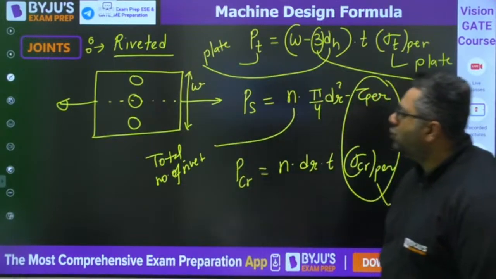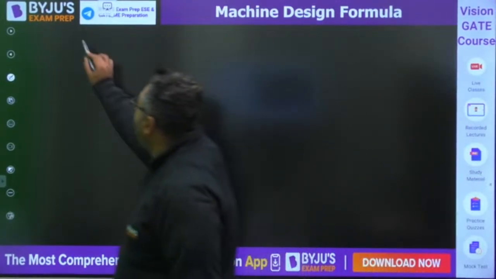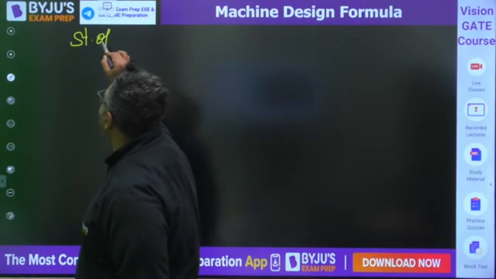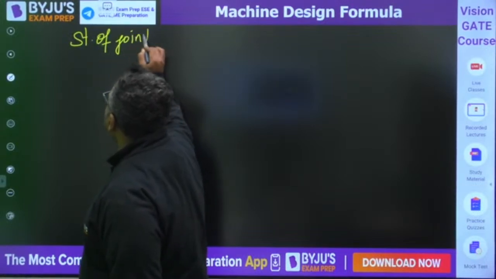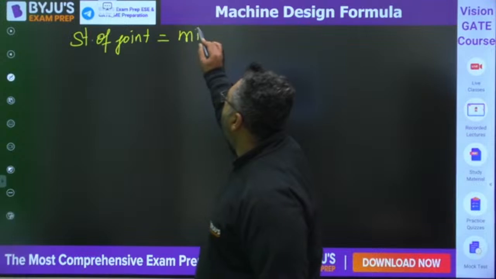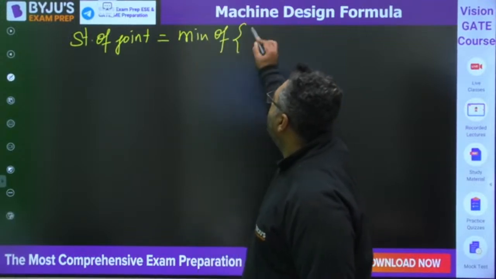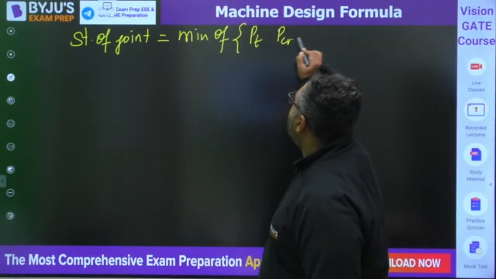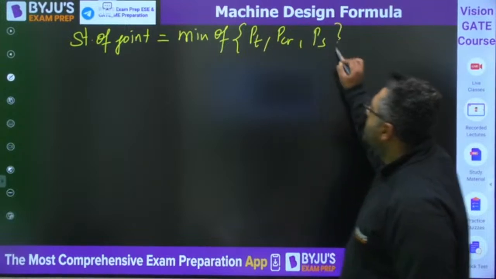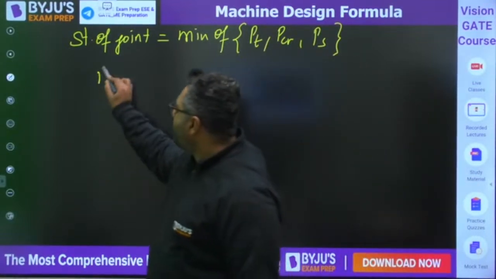Now my dear, I would also like to add here the strength of the joint. It is defined as the minimum of PT, PCR, PS. This is the strength of joint. What is the efficiency of joint?